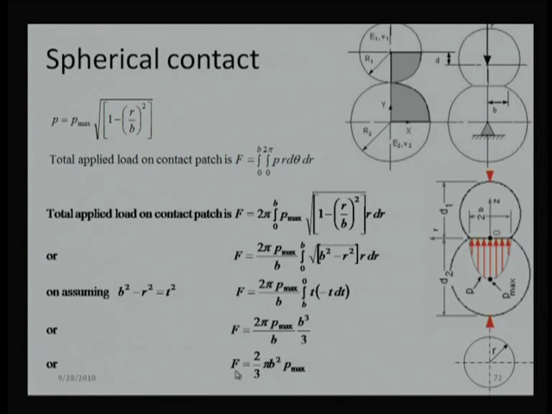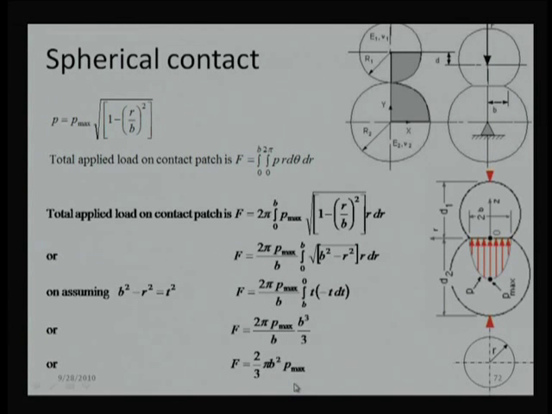So, F, the applied force, is equal to 2 by 3 into pi, that is constant, B square P max. Now, many times we know what P max is, what will be the maximum compressive force which can be applied on this kind of elastic body, or at which stress or which pressure it will start deforming.